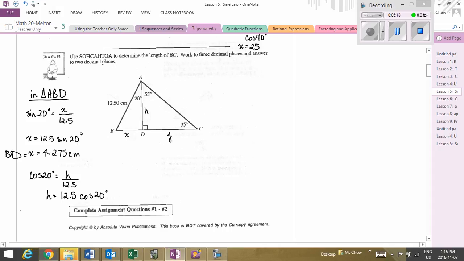That says that h, or the height, is 11.746 centimeters. That's approximate. So now that we have these, I'll just put a little box around them so I know that these are some important values for me to use.